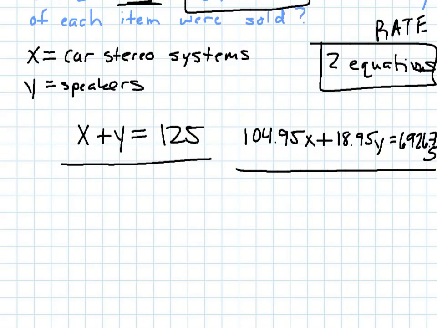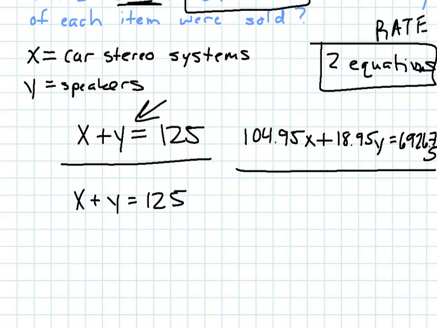So, looking at this equation, since you have x and y already by themselves, there's no numbers attached to them, it makes it pretty easy to solve for one. So, let's say we do that for this x plus y equals 125 equation. Okay? Now, it doesn't matter which equation or variable you solve for. Sometimes here you get a choice.